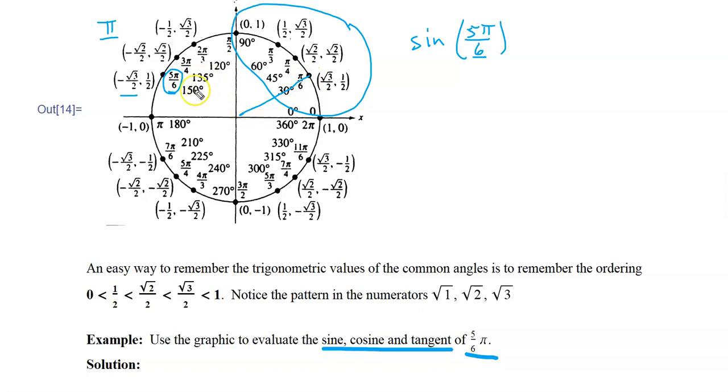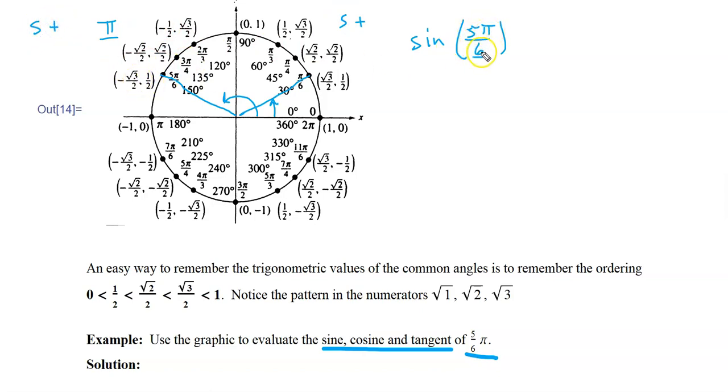So you see we can form a triangle like this. You see this angle here, 5 pi over 6, that angle is going to be similar to this angle in some sense. So you have to also remember that the sine in the first quadrant is positive, and in the second quadrant the sine is also positive because it's the y coordinate.